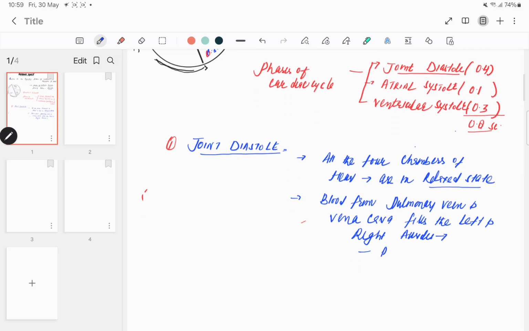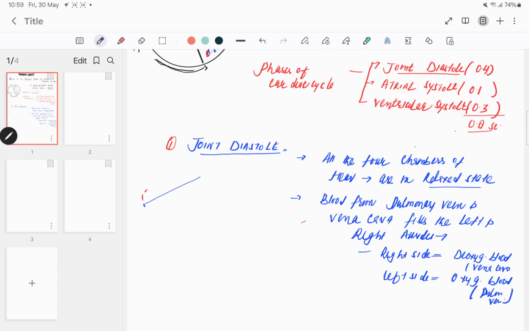We can say the right side receives deoxygenated blood through the vena cava, and the left side receives oxygenated blood from the pulmonary vein.